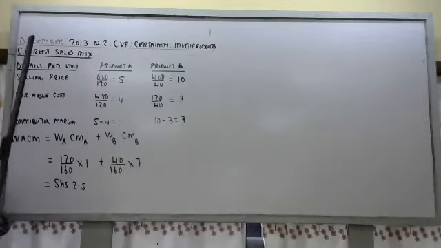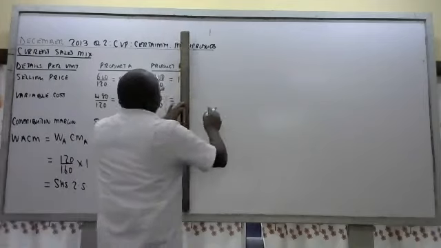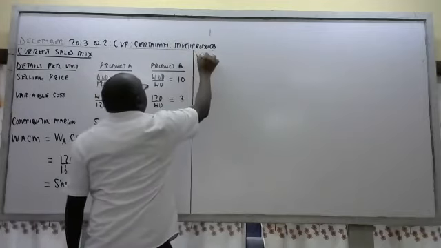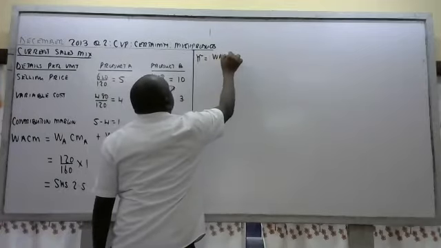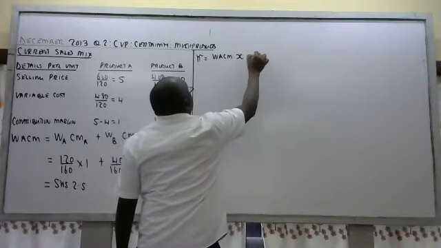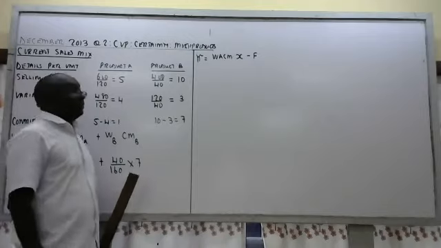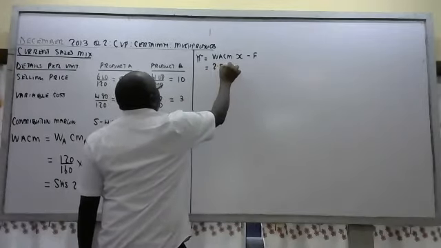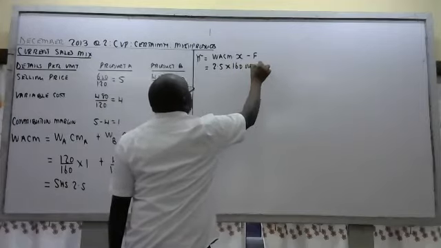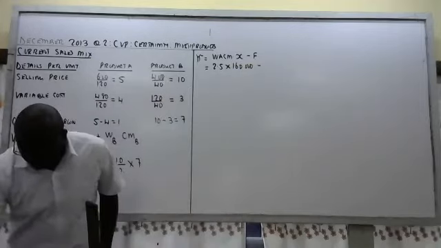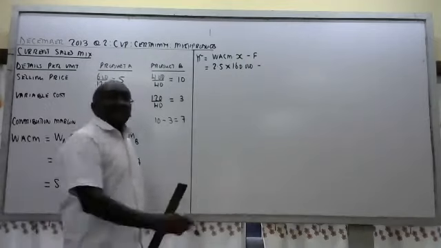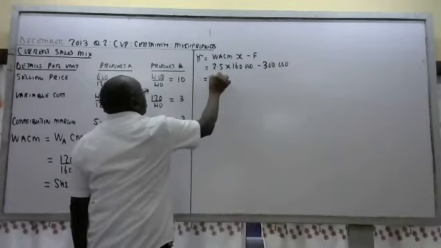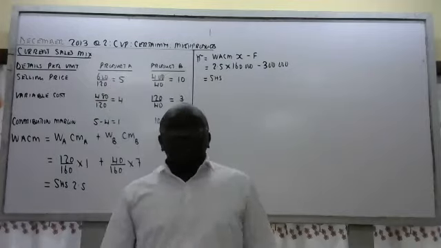So if you want to get the profit, profit is given as weighted average contribution margin times X minus F. So this will be 2.5 multiplied by 160,000 units, minus the fixed cost, which is 300,000.